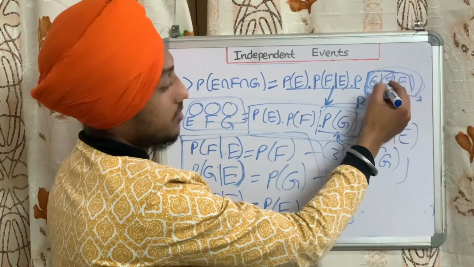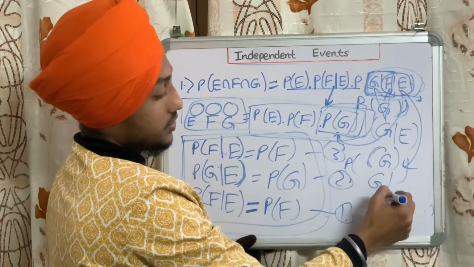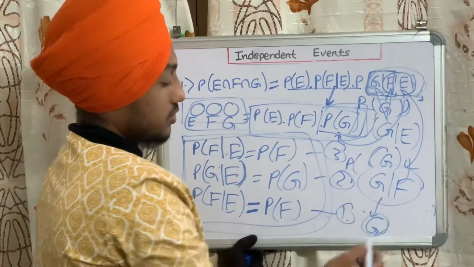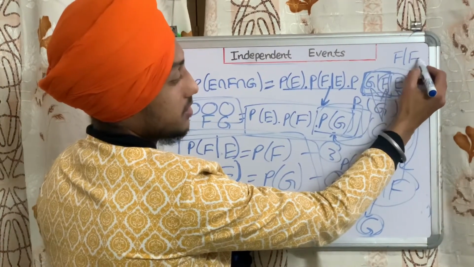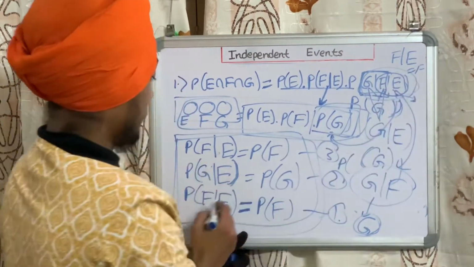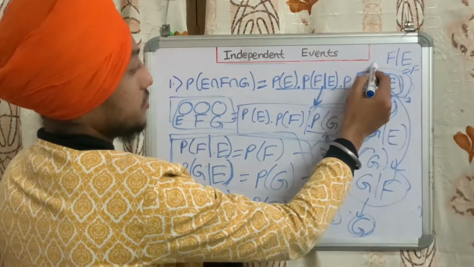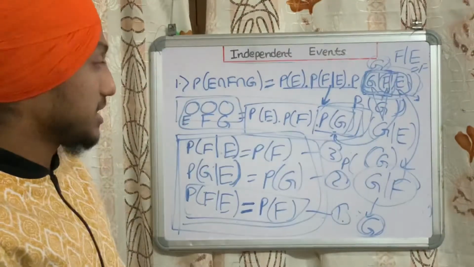We can also merge first of all this into only F, G and F, then we can come to our conclusion G. So these are the two points. One is that F given E should be F, which we have written here, and another is that G given F should be G. These are the conditions, and this is also the condition which we have mentioned here.